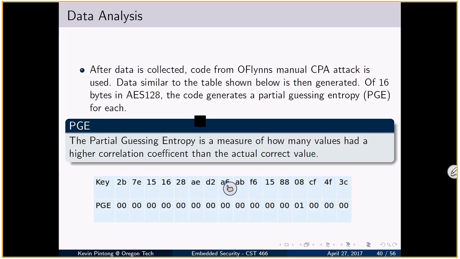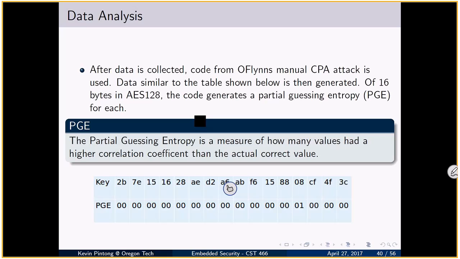So the 01 under 08 in the key there towards the end of the graph, is that a lower guess, like a less accurate guess? So for PGE 01, it means that for key 08, there was one key ranked higher than the correct key. Oh, gotcha.